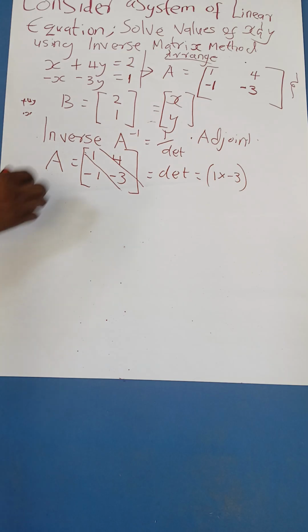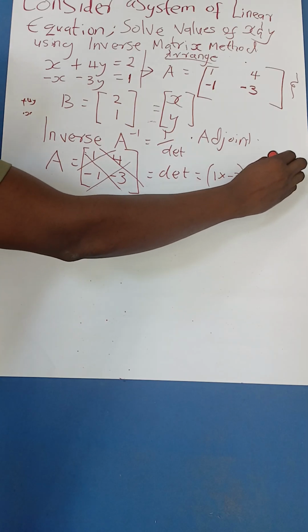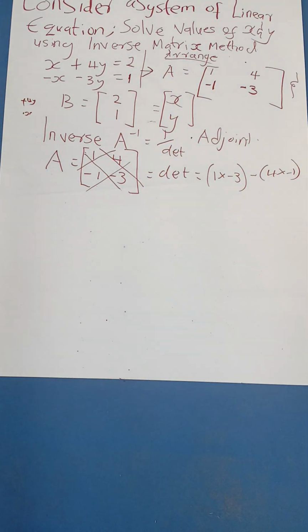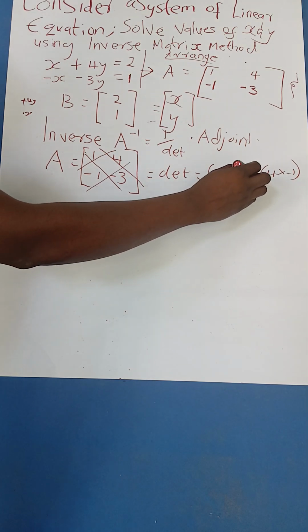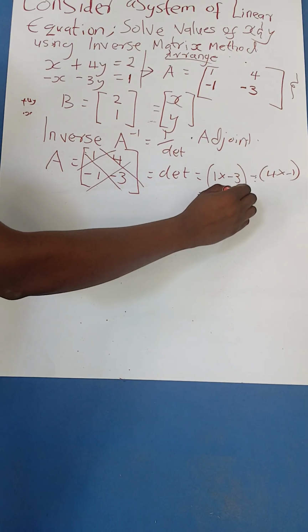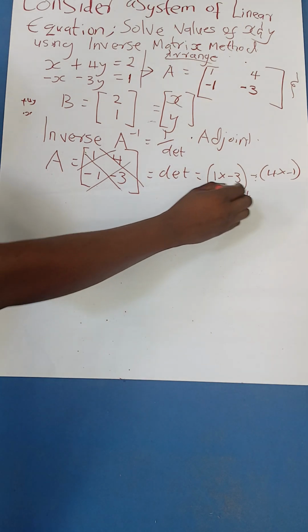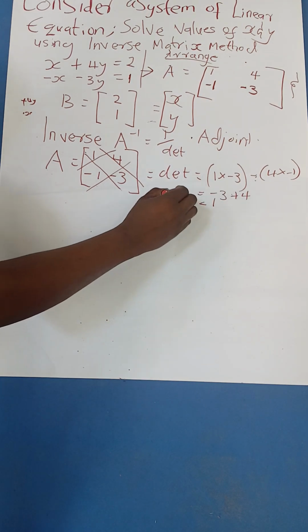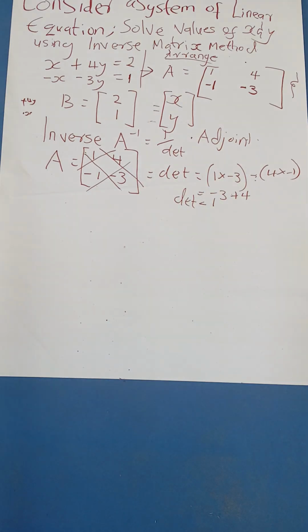Then you subtract the minor diagonal, which is 4 and -1, so minus, in bracket, 4 multiplied by -1. Here our determinant will be -3, then -1 multiplied by -4 gives +4. So our determinant is -3 plus 4, which is 1. So our determinant for this case is 1.